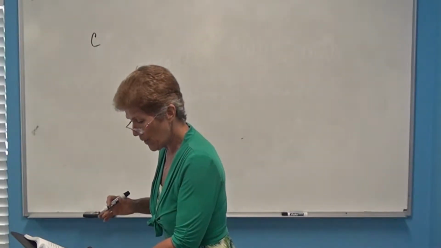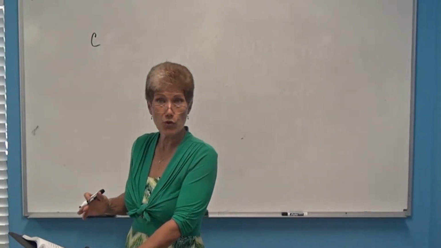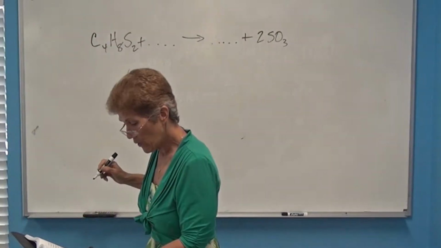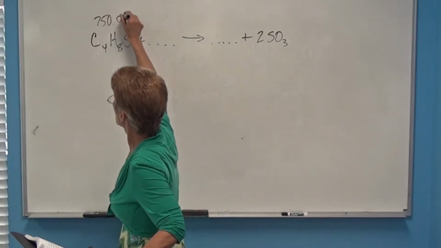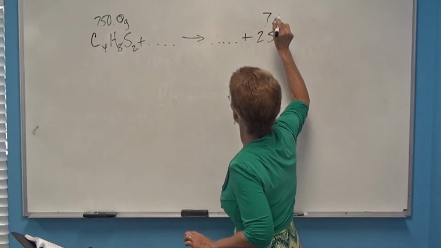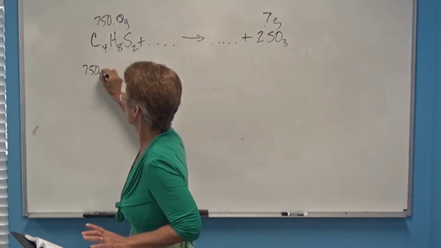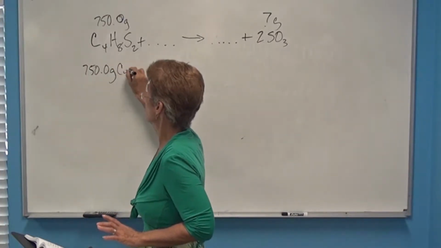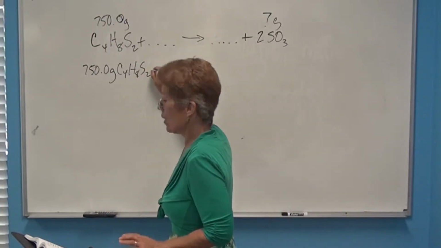And so we're going to work backwards to figure out how many grams of sulfur trioxide that we got. Okay, we are starting with 750 grams of this. And so we want to know what this theoretical yield is. So we go 750 grams C4H8S2 times line.